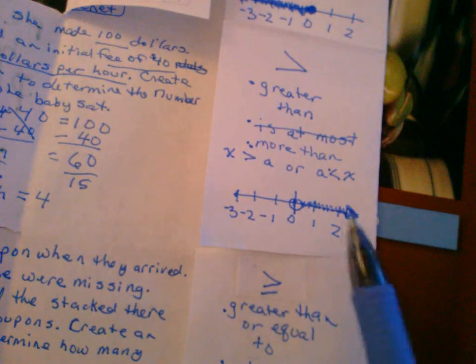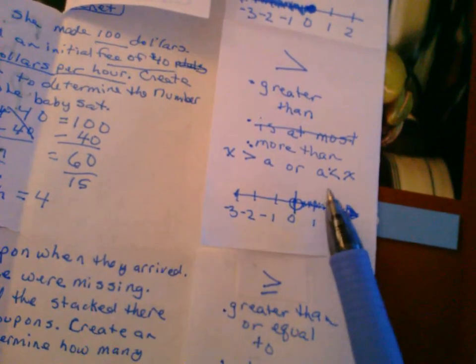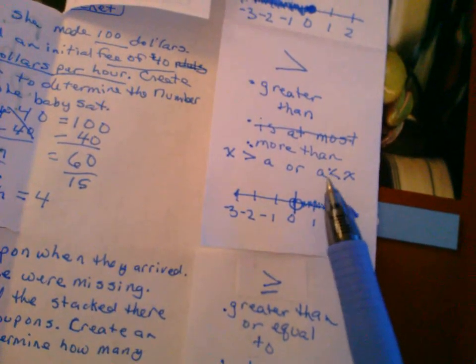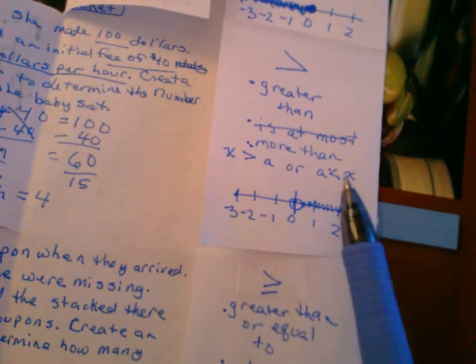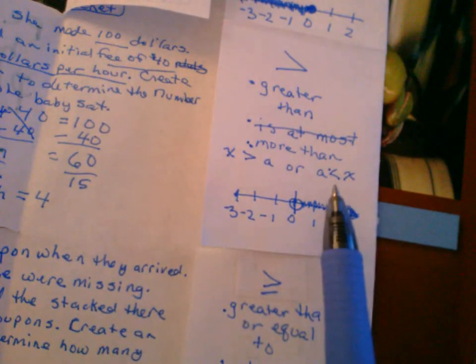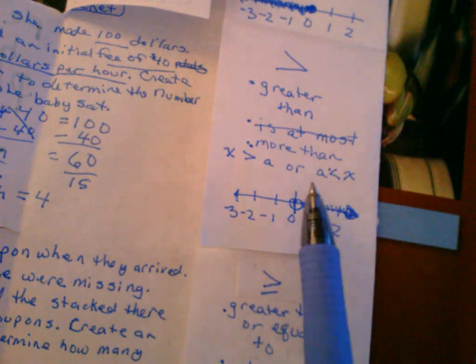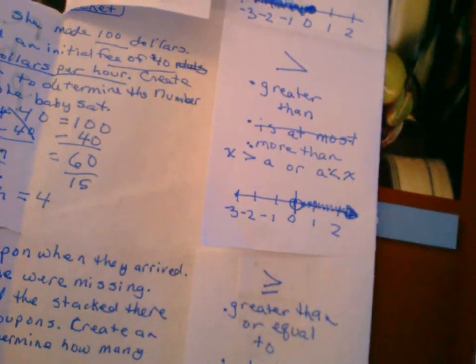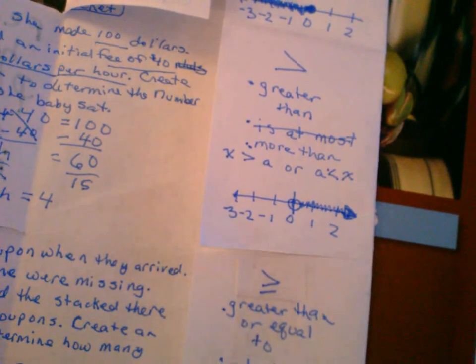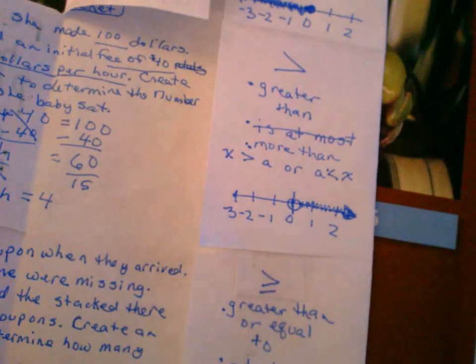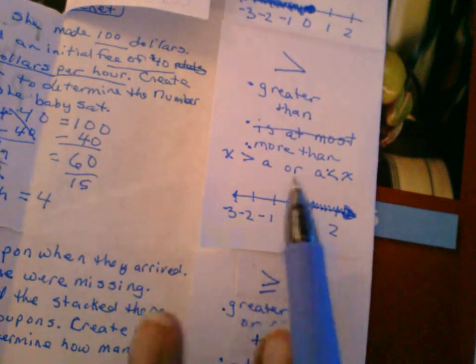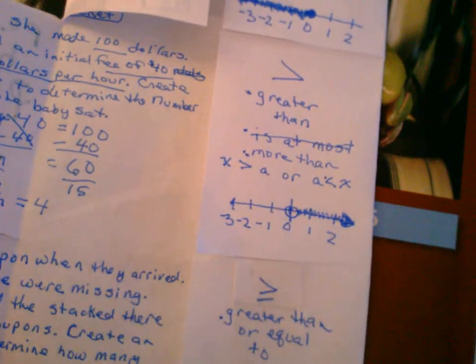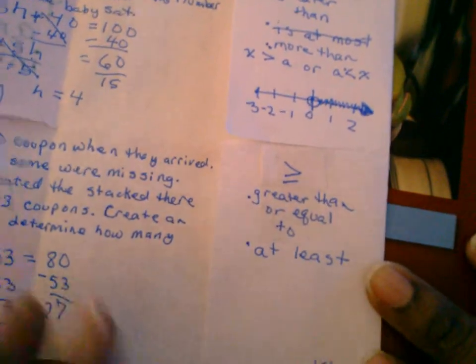And remember, if the inequality statement is written with the quantity first, you can rewrite it, but make sure you reverse everything in the statement. And we'll talk about that some more later. Okay, greater than or equal to or at least.